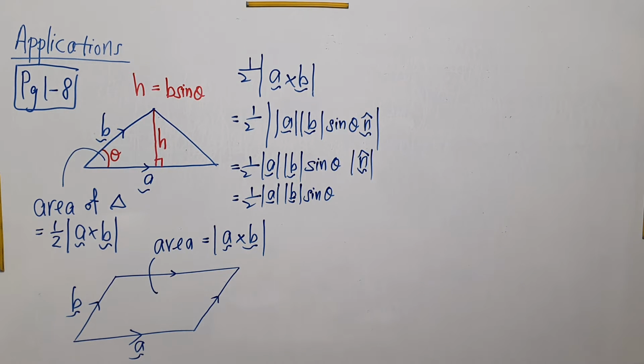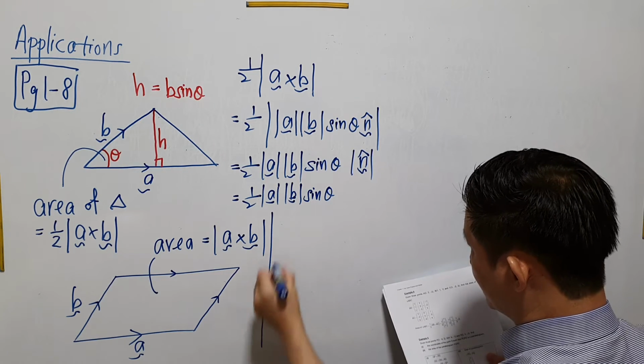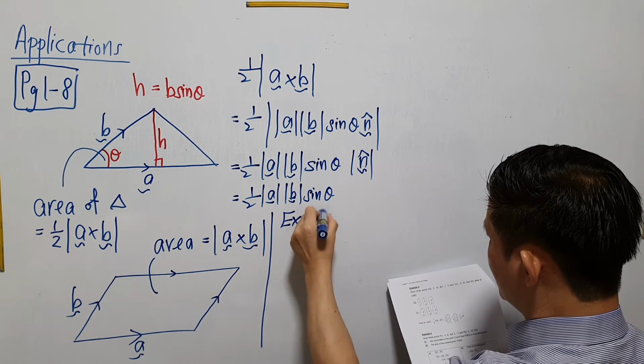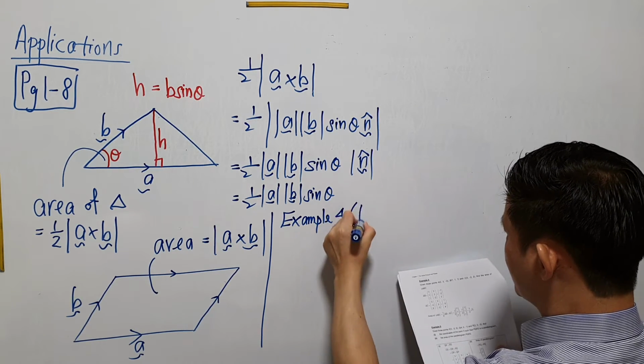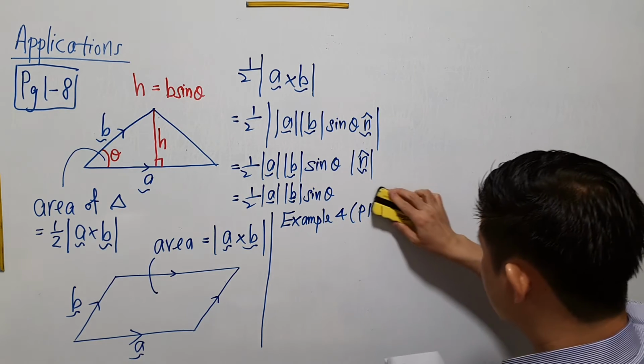Okay. Now, with these two, let us move on to example 4 and example 5. Let's do example 4. We are now on page 110. Page 110, example 4. Okay, let me write page like this.